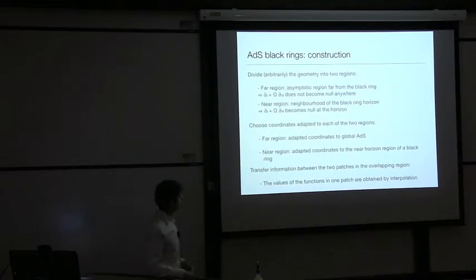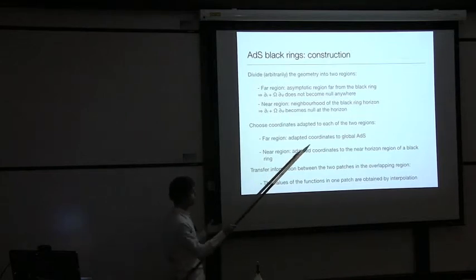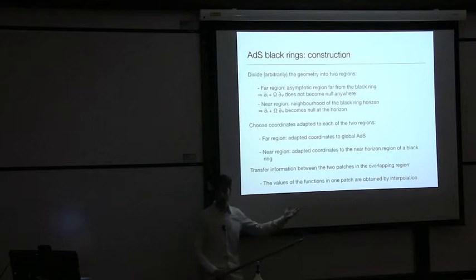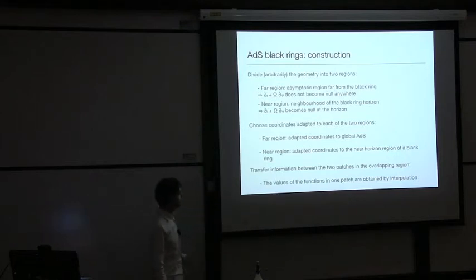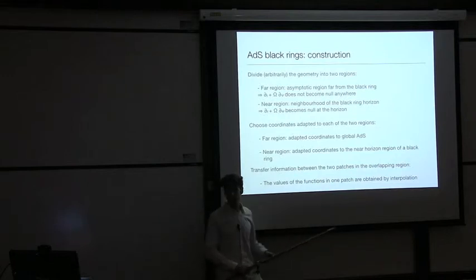So then what we do is we choose adapted coordinates in each of these 2 regions. In the far region, we'll choose coordinates adapted to cover the near boundary region, say near the boundary of AdS, whilst in the near region, we'll choose coordinates adapted to cover the near horizon region of the ring.